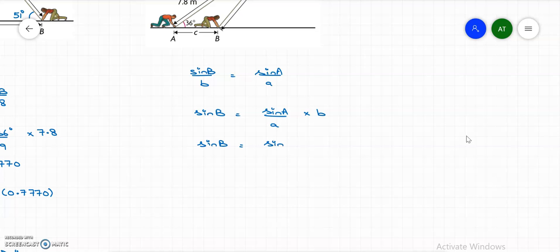Sine of angle A is 36 degrees over the side A, which is 5.9, and the side B is 7.8.